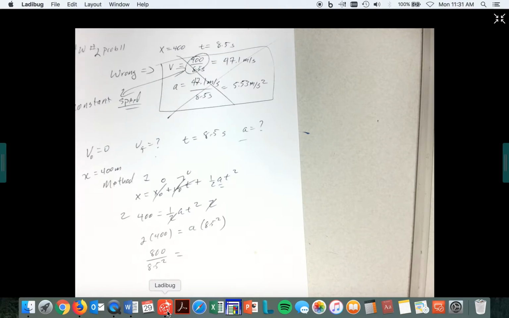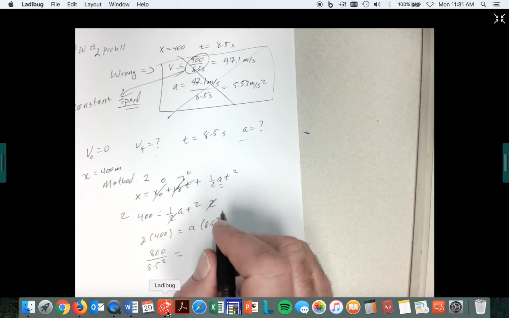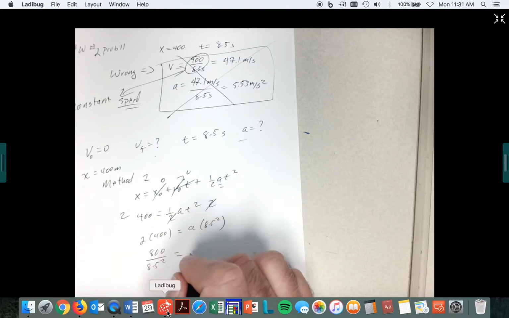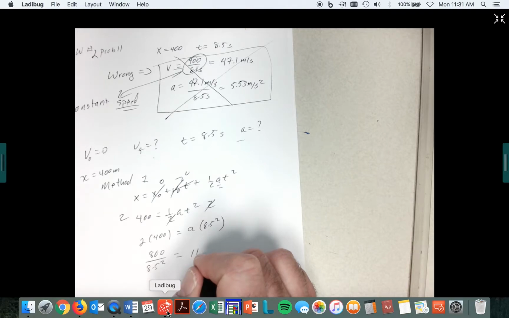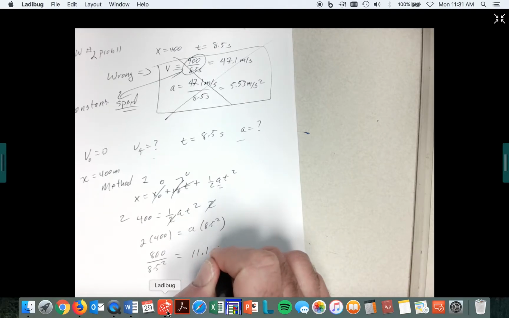So I take 800 divided by that answer, which equals, let's go with 11.1 meters per second squared.